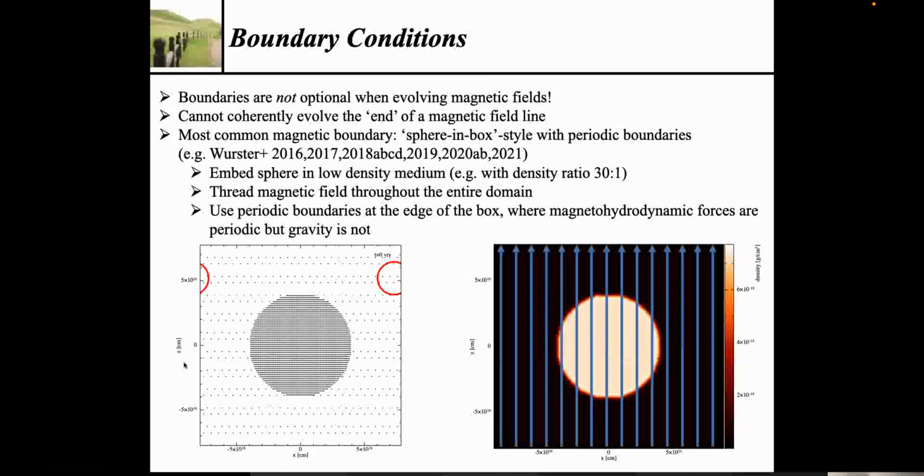One of the simplest things that we found, and I've consistently used and promote, is to use the sphere and box setup. In this case, I only care about this dense sphere, but I put in this low density background, and then I can thread the entire domain with magnetic fields. And then on the boundaries, we set up periodic boundaries, which are relatively simple to deal with.